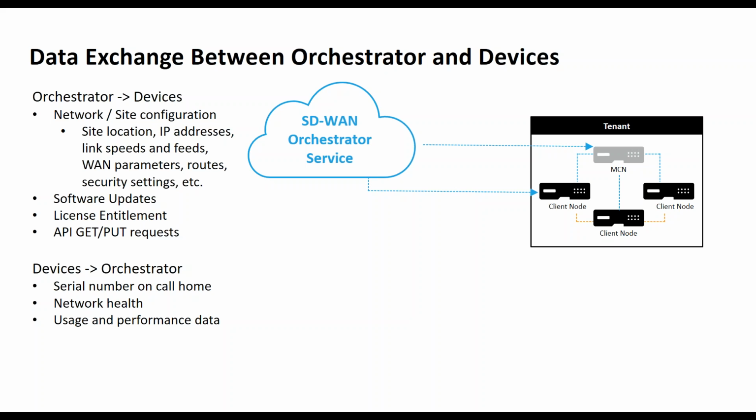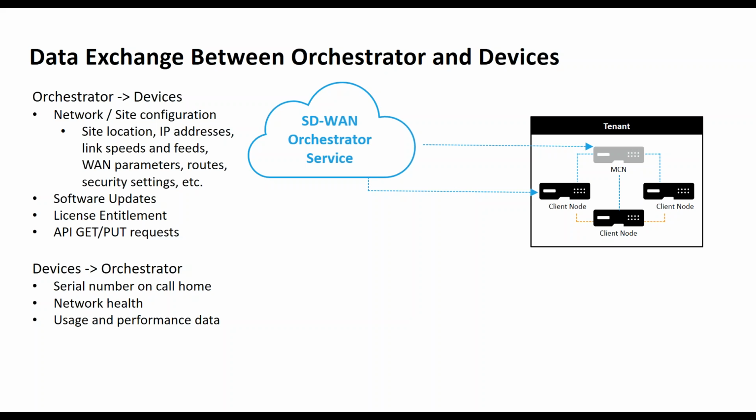So if we make any changes in our site information, we add a new WAN link, we add a new interface, we want to IP the interface, we want to handle all that through the Orchestrator itself. If we want to roll out a new software package, we can do that, or anything with licensing is going to be Orchestrator to the device itself. We will get into some of the batching that we can do. We can do some API calls as well from the Orchestrator to the device.